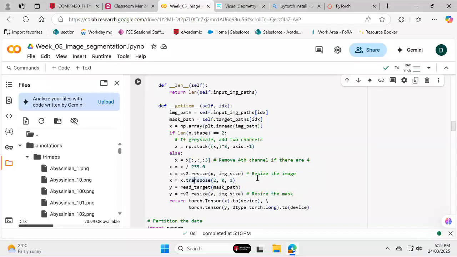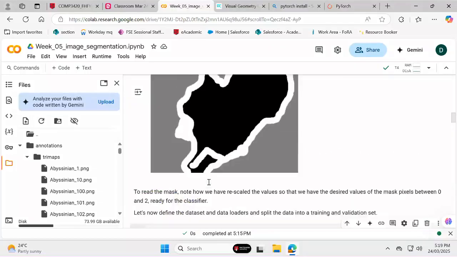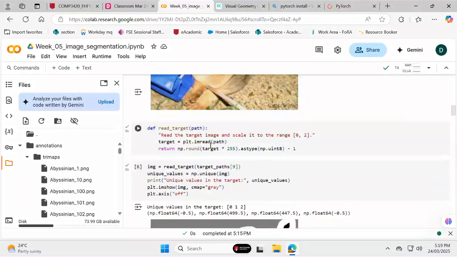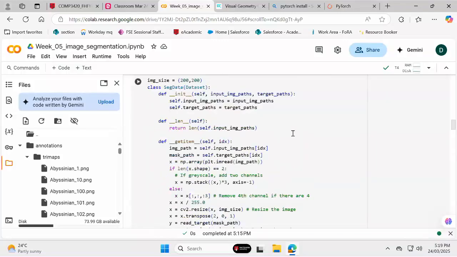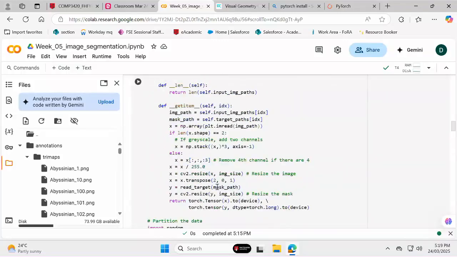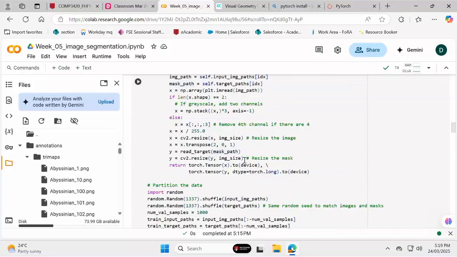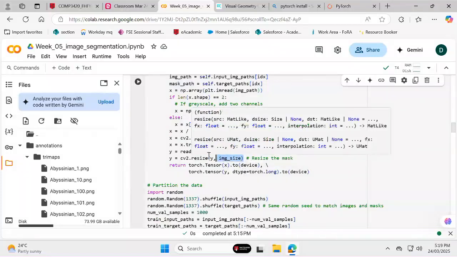Okay? And then for the target, we call this function read target, the one defined here. We're just going to do some rescaling so that it is between 0 and 2, which is what we want, which is great. And still, we want to resize the mask to the right size, 200 times 200.